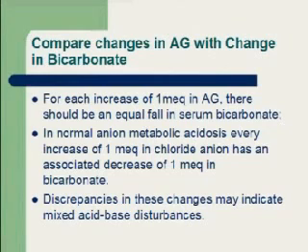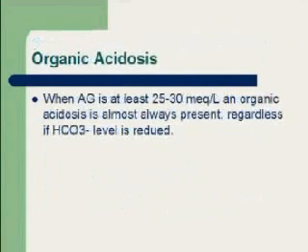In normal anion gap metabolic acidosis, every increase of 1 milliequivalent of chloride has an associated decrease of 1 milliequivalent in bicarbonate. Discrepancies in these changes may indicate mixed acid-base disturbances. There is an organic acidosis when the anion gap is at least 25 to 30 milliequivalents per liter.